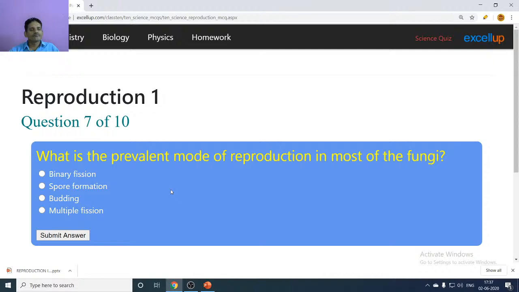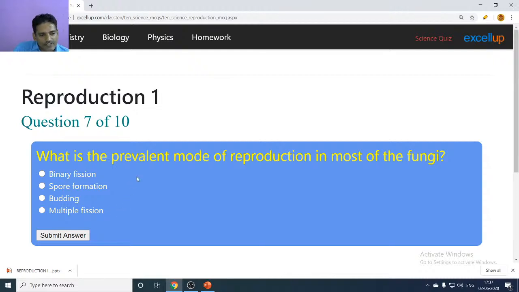Next question. What is the prevalent mode of reproduction in most of the fungi? Means most common. Binary fission, spore formation, budding, multiple fission.